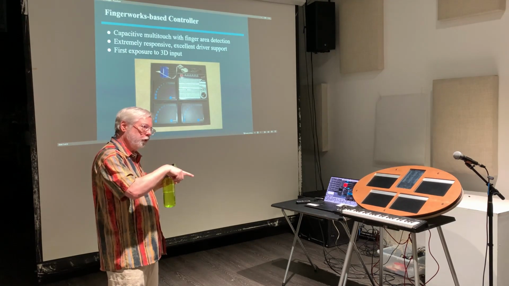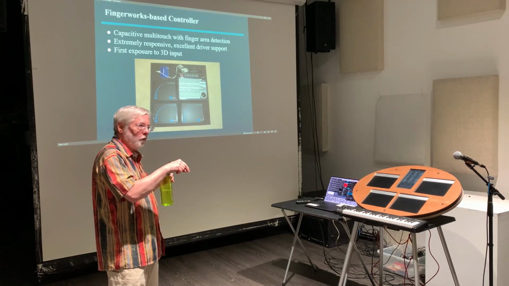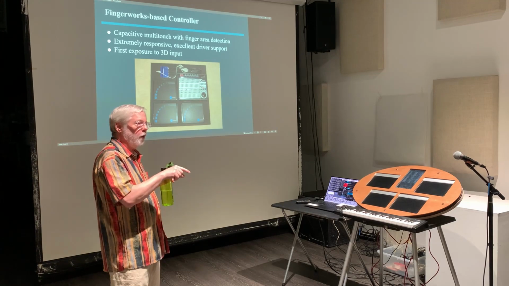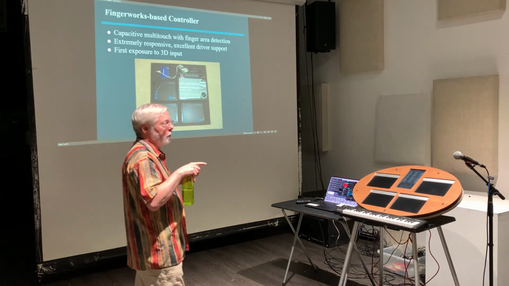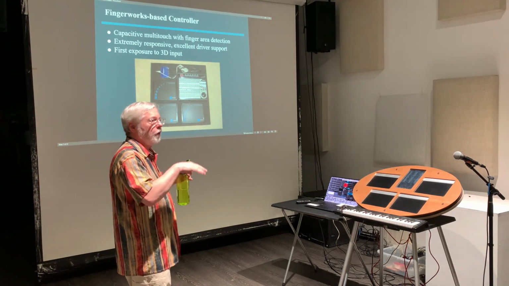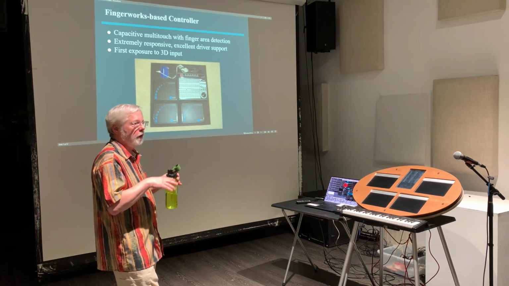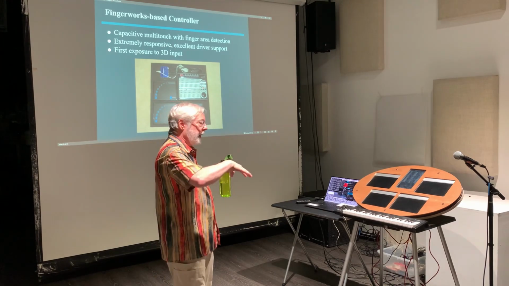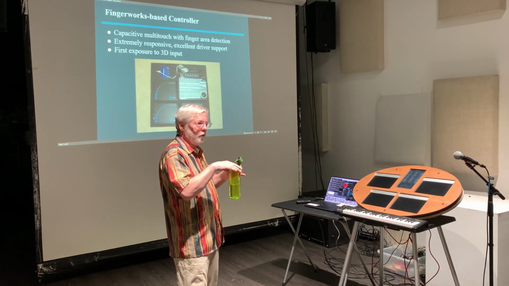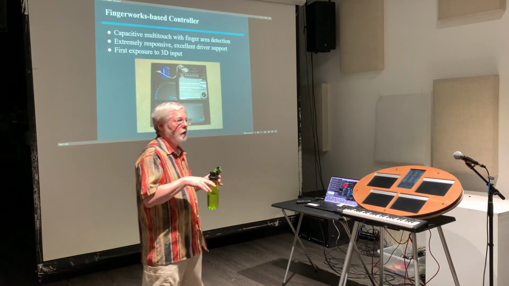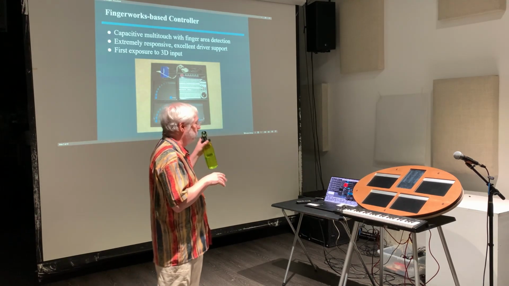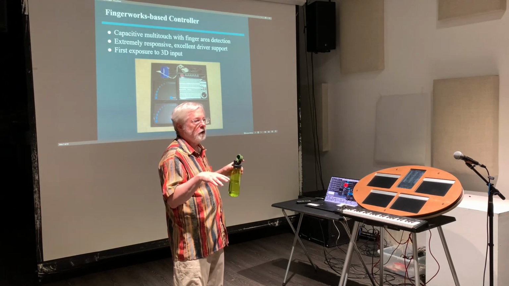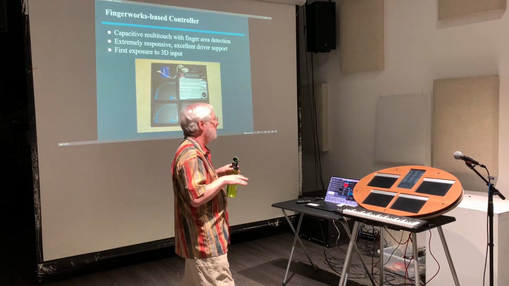So the more you smush your finger down, the more area of your finger there is. So that's the third dimension. It wasn't pressure, it was the area of the finger. So that was my first exposure to a three-dimensional input device that is supernatural to use. Finger area isn't quite as nice as pressure, but it's close. And this device was so good that unfortunately Apple bought the company and took it off the market, so you could no longer get it.